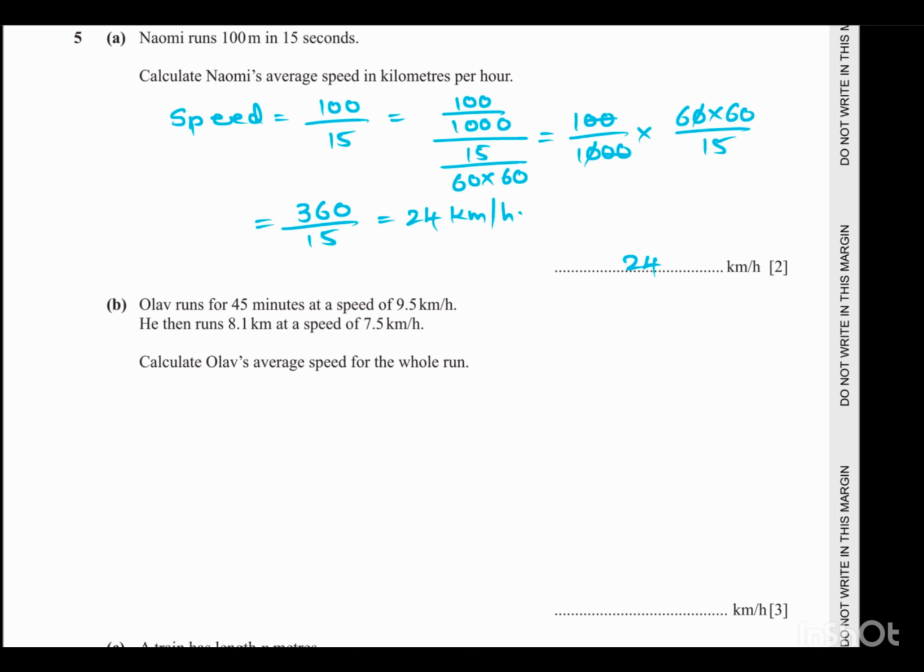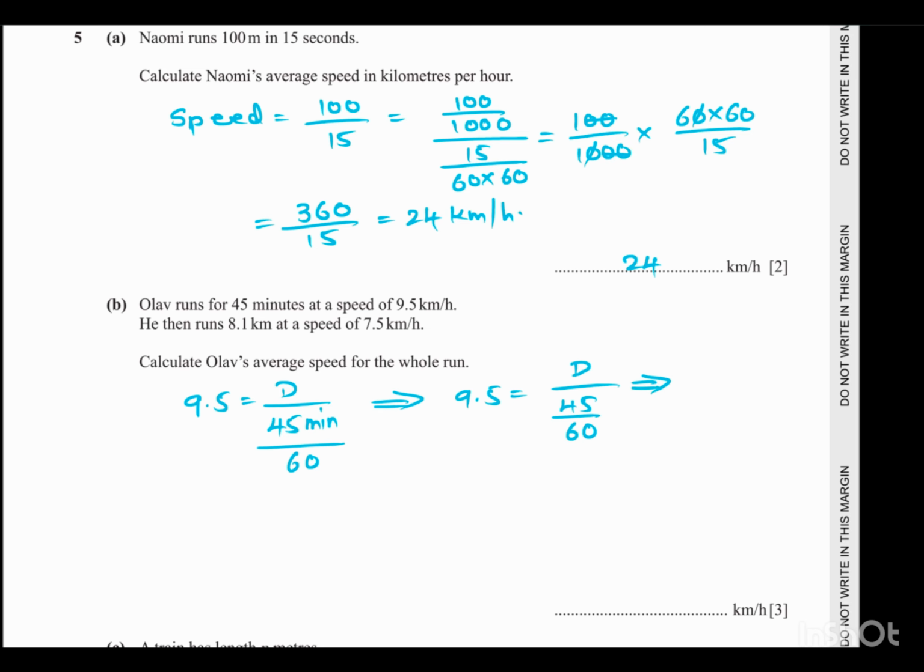Okay, so 45 minutes is the time here. The speed is 9.5. Speed is equal to distance by time, which is 45 minutes. And I have to change it into hours, so divide by 60. So this will give you 9.5 is equal to distance by 45 by 60.